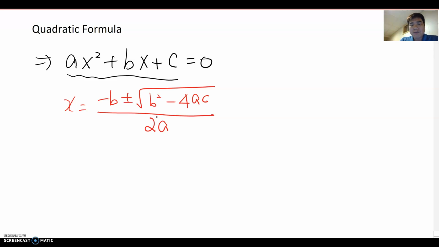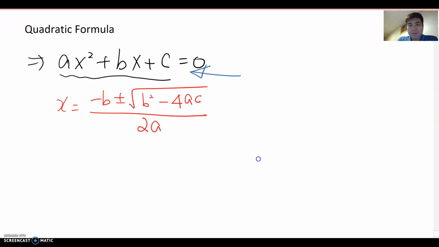Then how was this formula developed? We use the completing the square method to solve this equation, and then we can prove this quadratic formula. So please follow this.